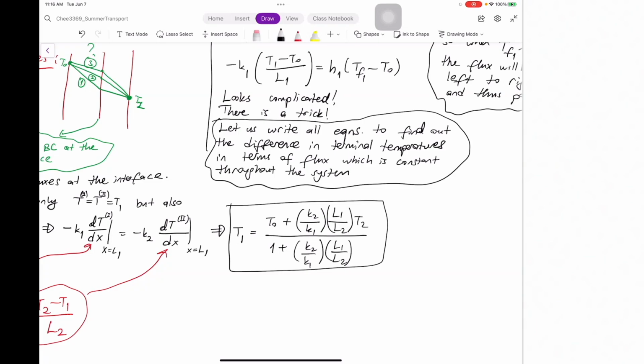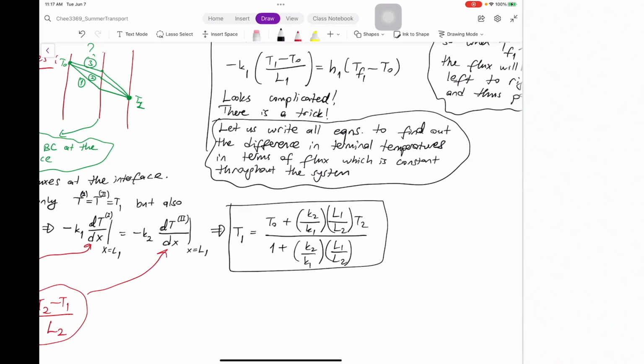Now, I want you to be aware of the fact that we already derived the temperature profiles. We know them, but in terms of T0 and T2 instead of TF1 and TF2, and we haven't found out the amount of flux in terms of TF1 and TF2.